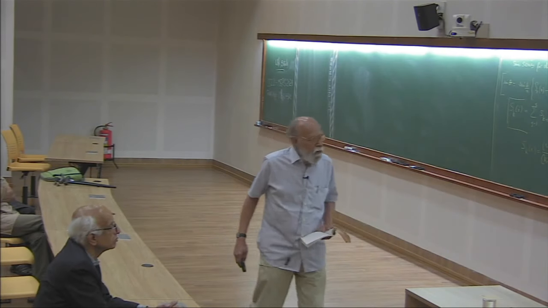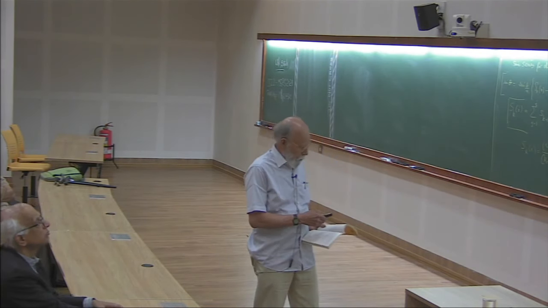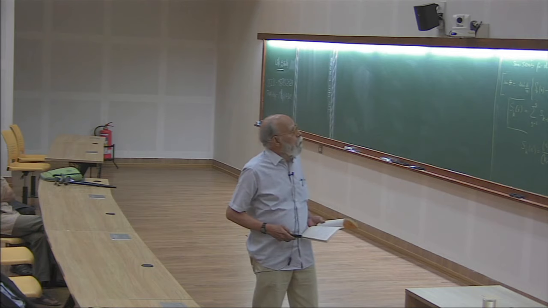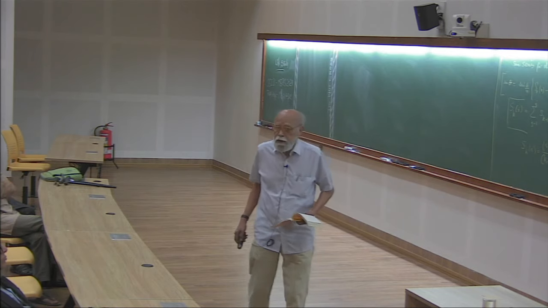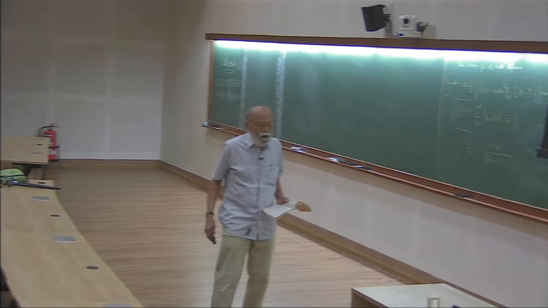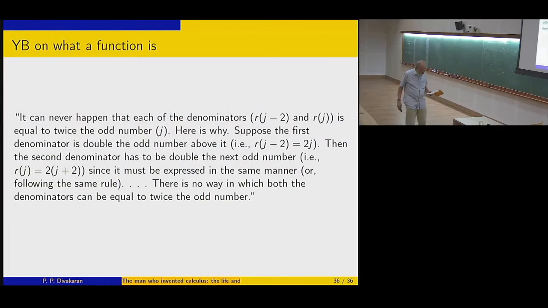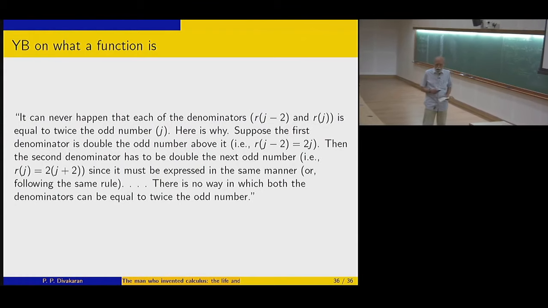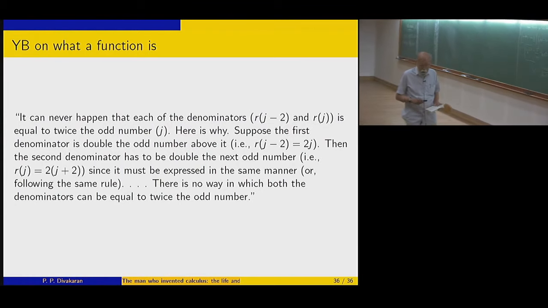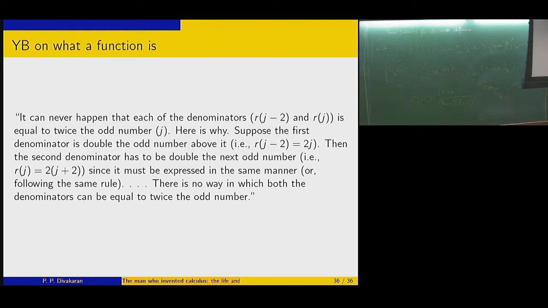He says, formally, I can solve this equation without respecting the functional dependence by simply saying Rj is 2j. Let me write this down.